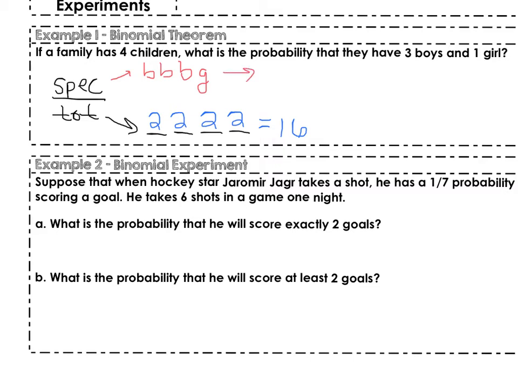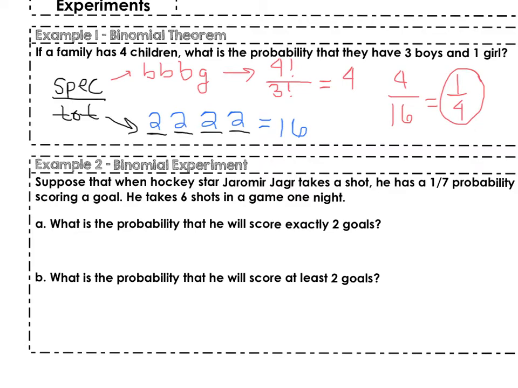So this is going to be the total number of letters, which is 4, divided by our repeat offenders, which is the letter B repeating itself 3 times. Then this simplifies to 4. So we put 4 over 16, which simplifies to 1/4. So I have a 25% chance of this occurring.